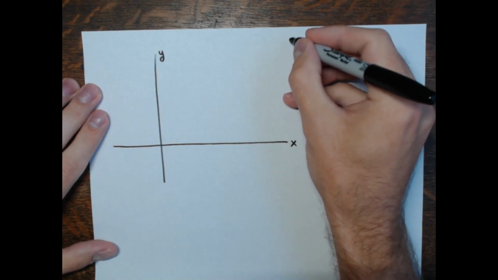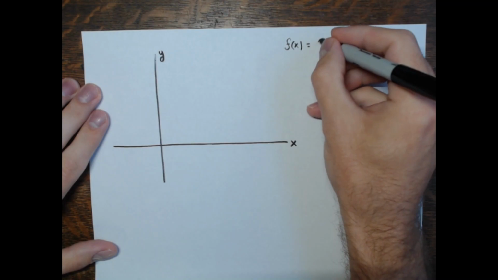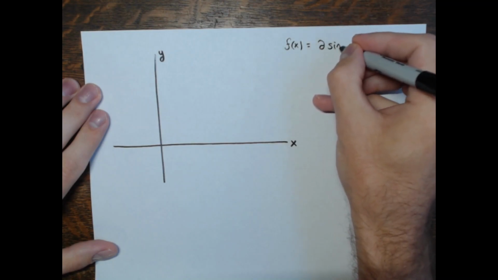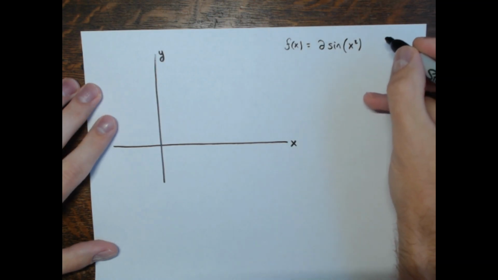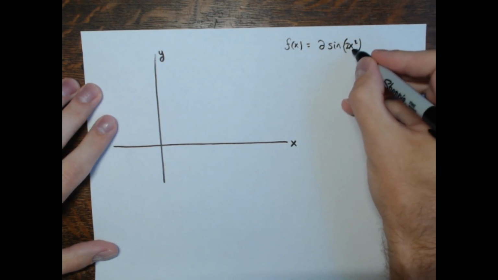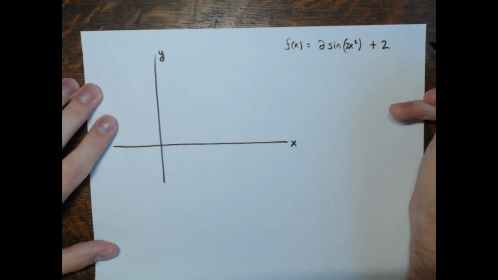The curves were given. F of x or y equals 2 times the sine of x squared, or sorry, 2x squared, sine of 2x squared, and then plus 2 after that.